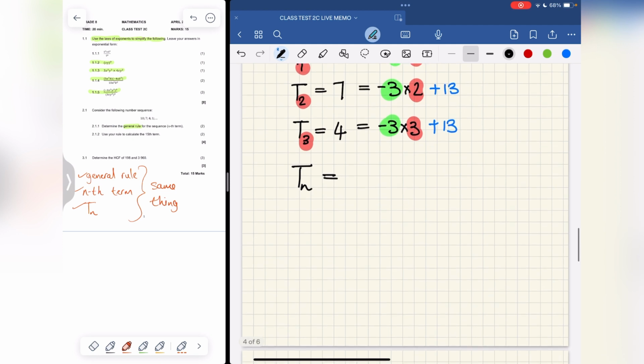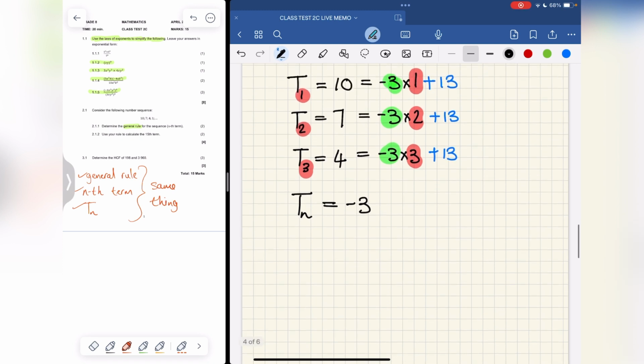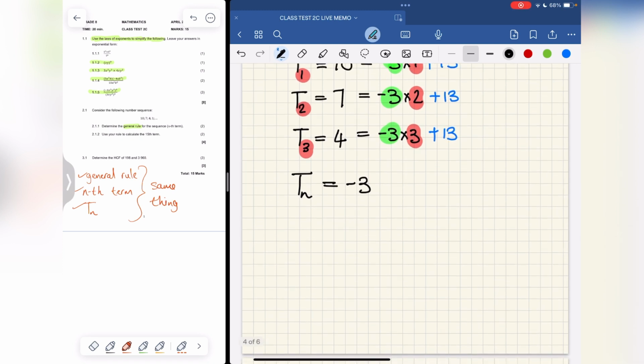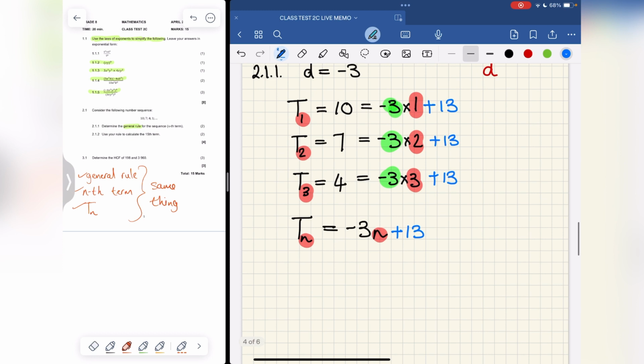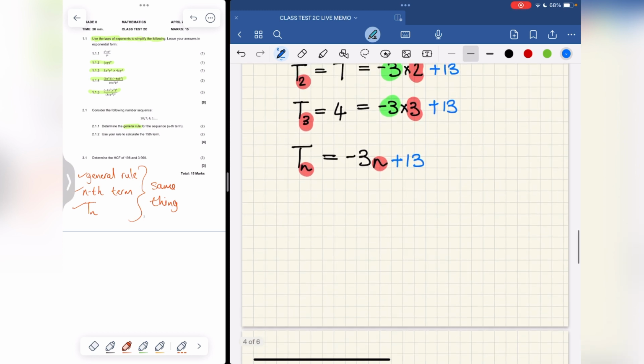So we take our negative 3, the constant difference, and multiply it with the position of every term. In this case, our position is n. And then we add 13. So our general term here is Tn equals negative 3n plus 13.